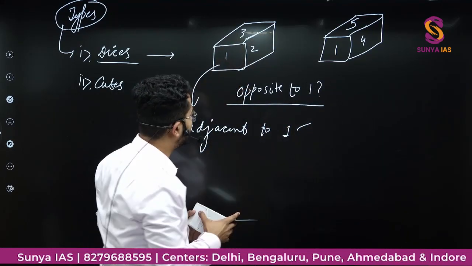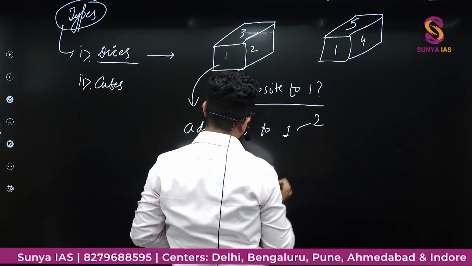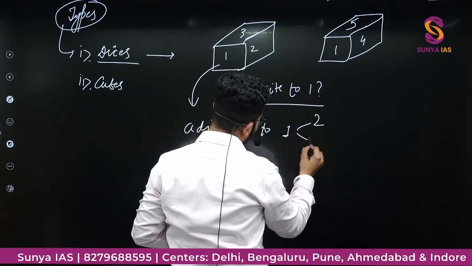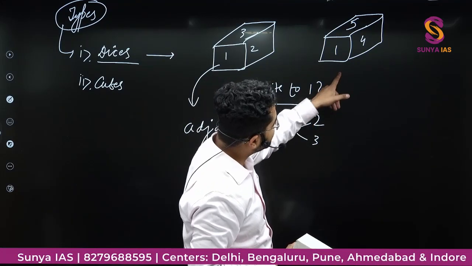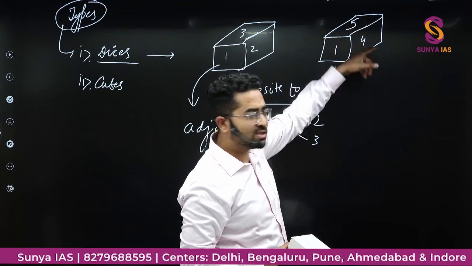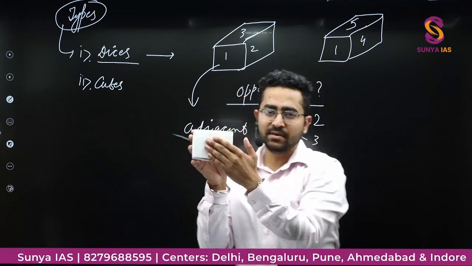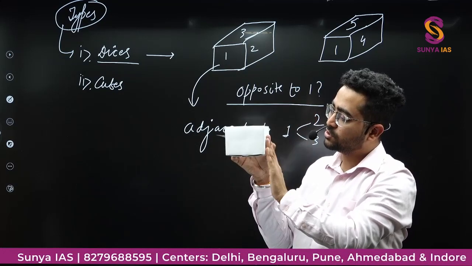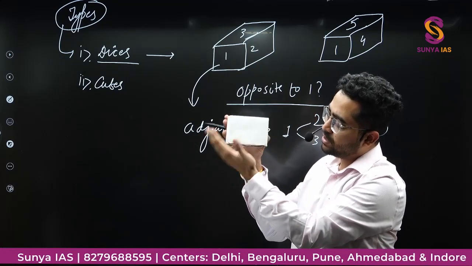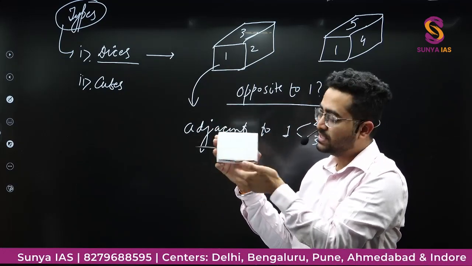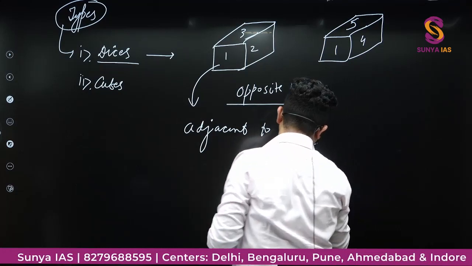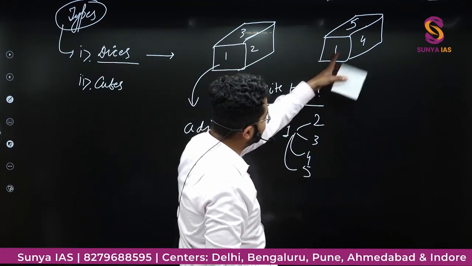These are adjacent to 1. So if I write the faces which are adjacent to 1, this will be 2, 3. And from this figure also you can see adjacent faces कौन से 4 and 5. So if this is 1, this is 3, this is 2, then this must be 4 and this must be 5, because these are adjacent faces. 4 and 5 adjacent faces हैं दिए हुए.